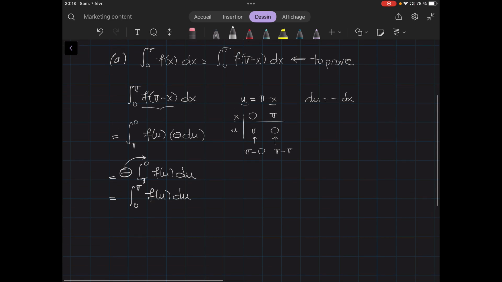Since we are integrating the same function over the same bounds, you can rewrite this as the integral from 0 to pi of f(x) dx. And that is the end of part A. It does not matter the variable in which to integrate as long as you're being consistent.